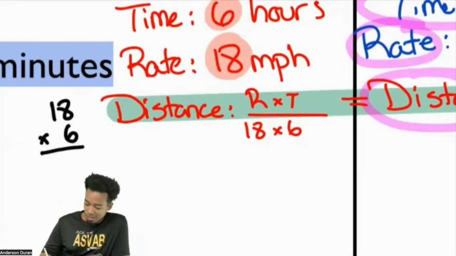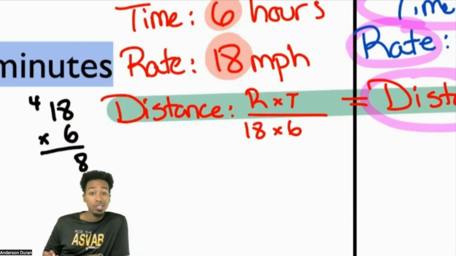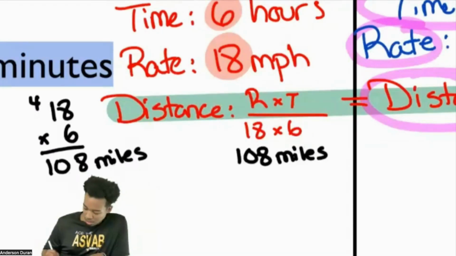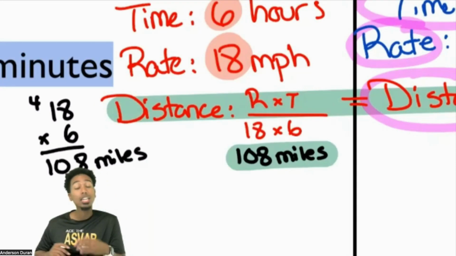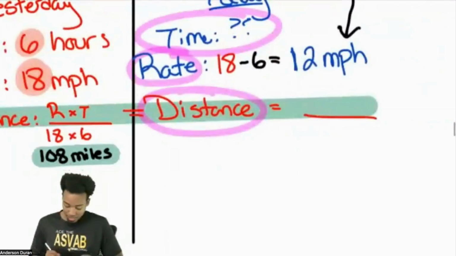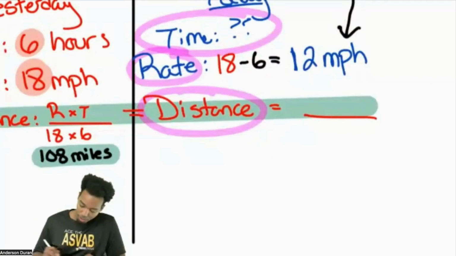Let's do the math here. 8 times 6 is 48. Then we have 1 times 6, so that's going to be 6. Add the 4 and it's going to be 10. So we have 108 miles. That's going to be the distance for yesterday. And like we said, that's going to be the same distance as today, 108 miles.